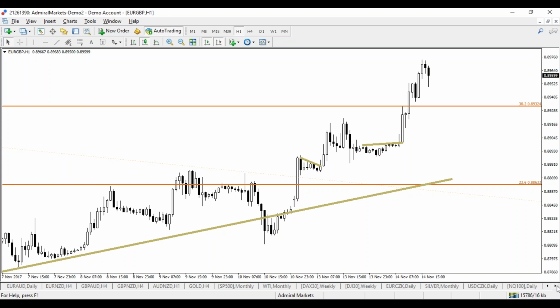Is a trend line attribute clear, or maybe you want more info about the market structure?